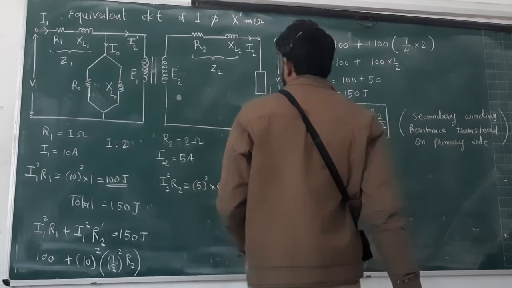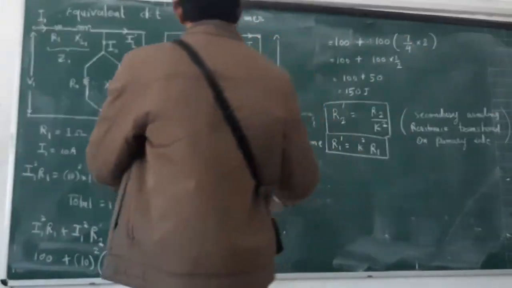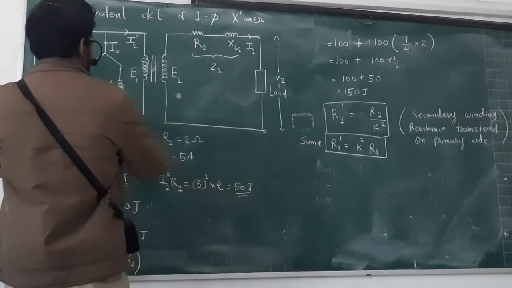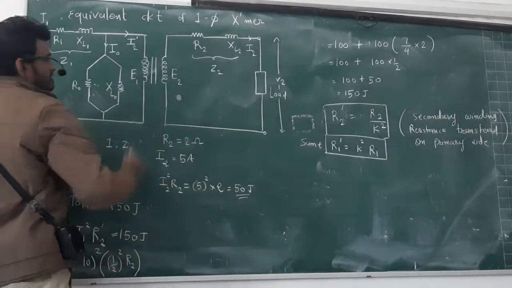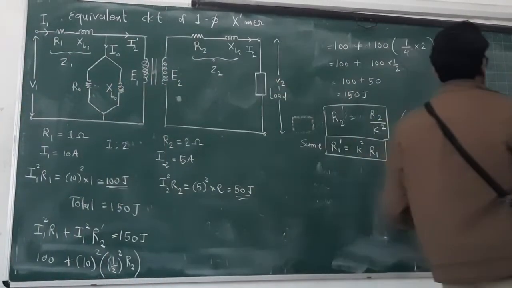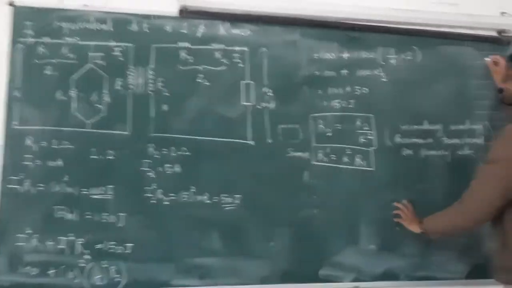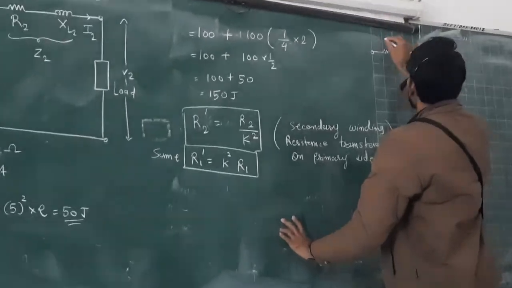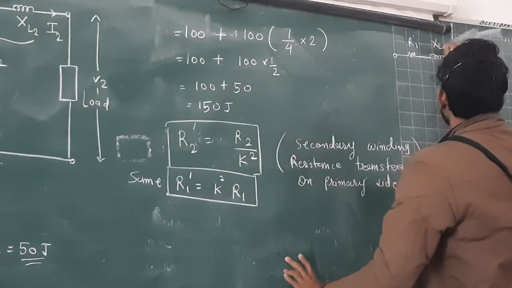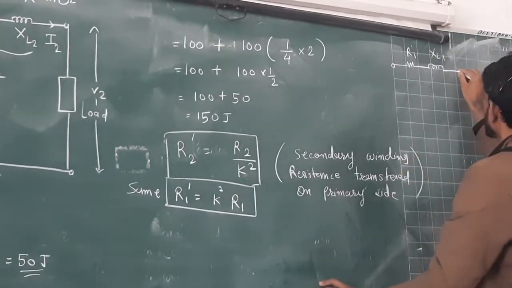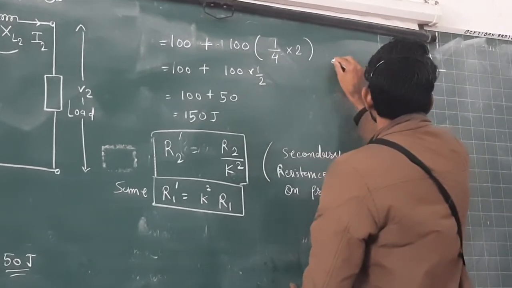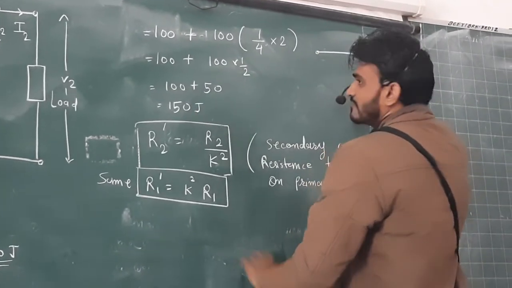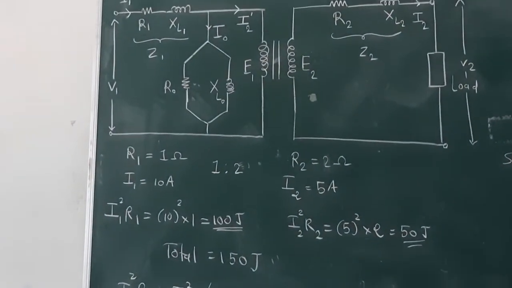Okay, and now I want to draw this whole diagram in one single circuit. I want to remove this magnetic coupling. Then the same thing will look like this. R1, X1. I will shift this portion on this side.